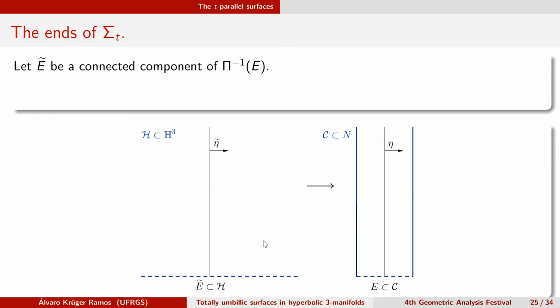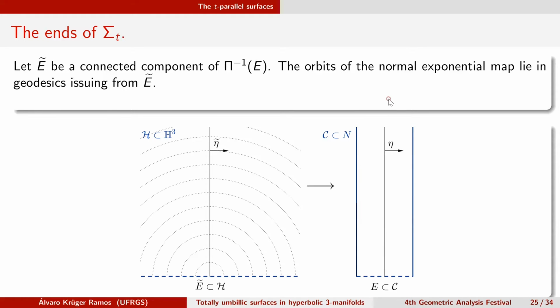So we have here our totally geodesic example, which is mapped by the universal covering of the end to your end of sigma. And what happens is that the exponential map goes like this by orbits of geodesics in H3, which are circles.